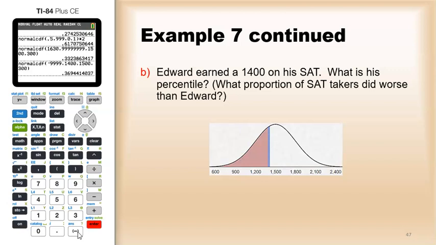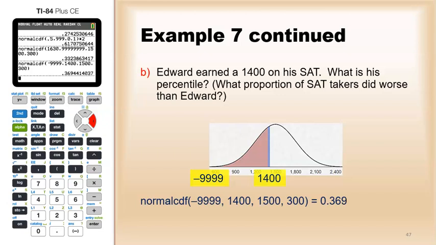That means Edward scored about the 37th percentile. So lower bound, negative 9999, upper bound, 1400. Normal CDF, negative 9999 to 1400, the mean of 1500, the standard deviation of 300, 0.369. So Edward scored in the 37th percentile.